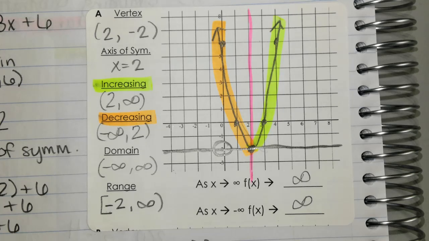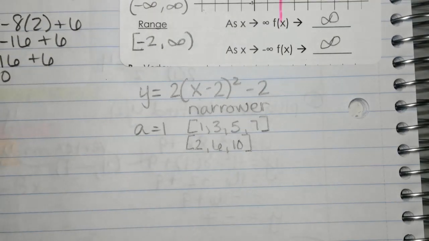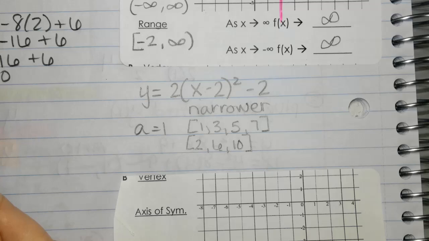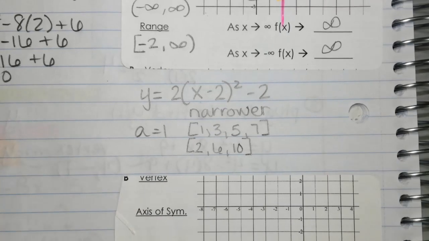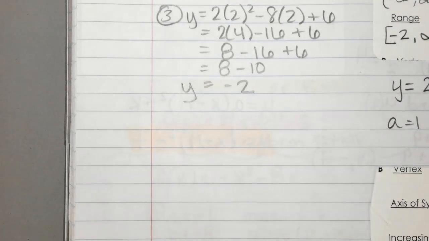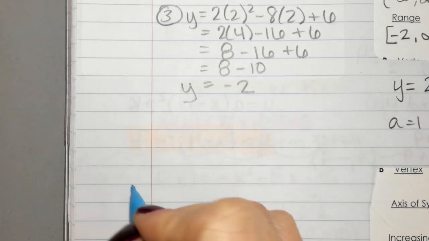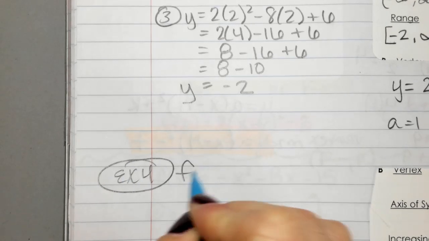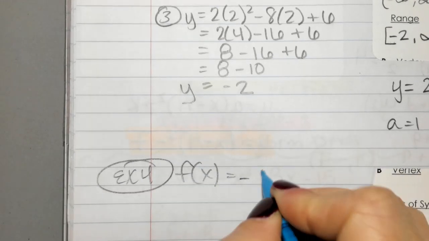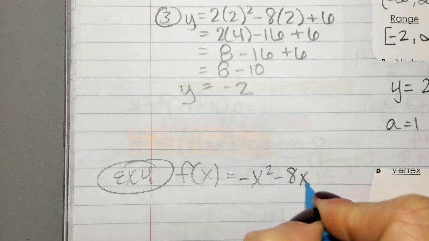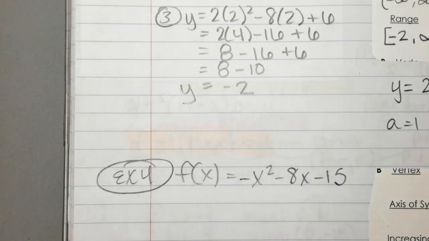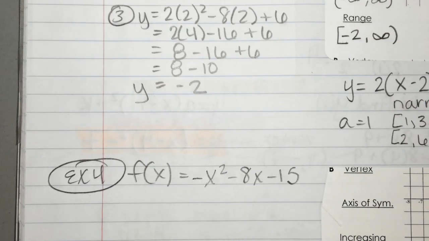All right, we went just a little over. That's okay. We have this last one. I'm going to have you do it on your own, and I'm going to write the answers up. So your last sticker, you can do this last one. You're golden. All right, this function, for example 4, f of x equals, let's do negative x squared minus 8x minus 15. Convert to vertex form and then graph it. Let's see how you do.